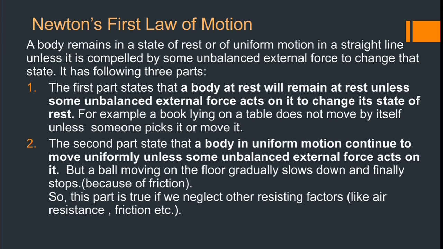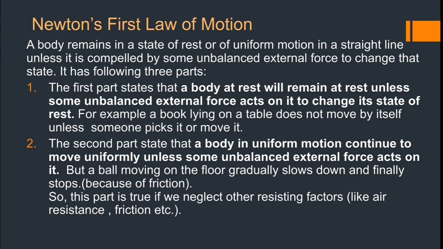If it is possible, then why does the car stop when the engine of the car is turned off? Why does a ball which is rolling on the floor gradually slow down and eventually come to rest? So, in practical life, this is not possible because there is always some resisting force.